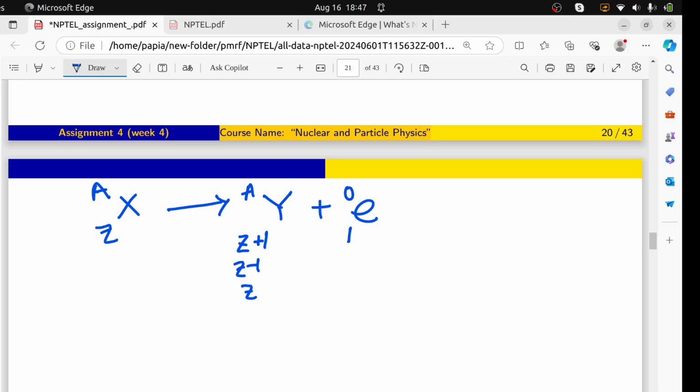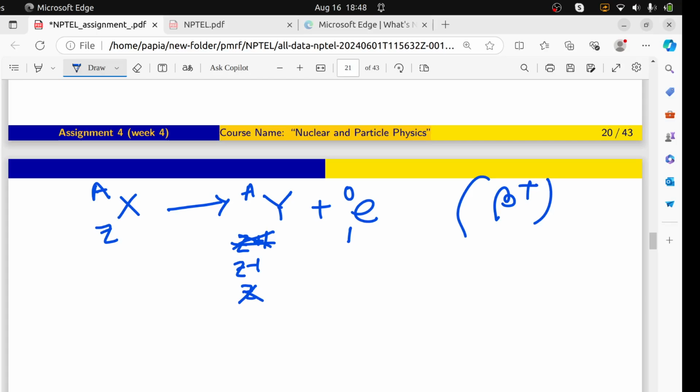Z minus 1, correct, because this is 1, so Z minus 1 plus 1 gives us Z. Z plus 1 will not be correct, and Z will not be correct. So for the beta plus case, X with Z, A goes to Y with Z minus 1, A plus e with 1, 0.